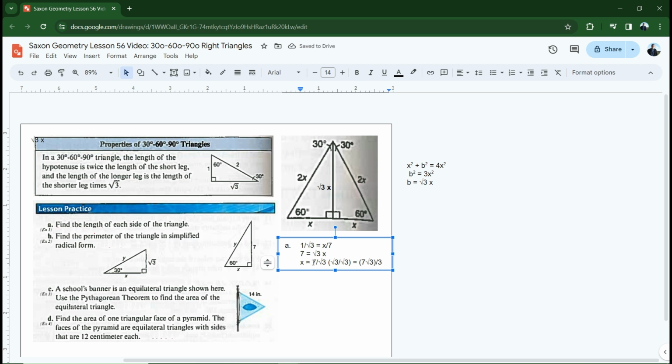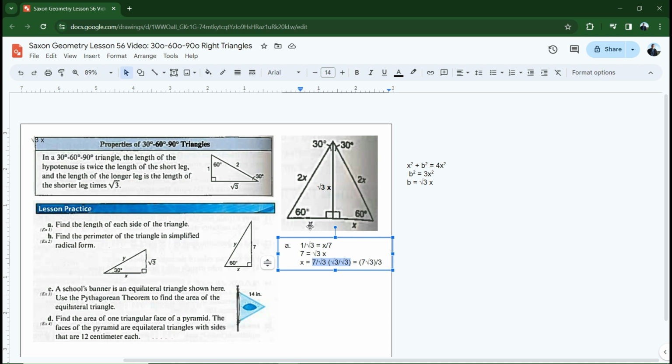Now, if you want to rework this out and put these so that they're over one another as fractions on a piece of paper, you can line everything up better than I can on here. You could feel free to do that. But you should get 7 times the square root of 3 divided by 3 is the length of x.